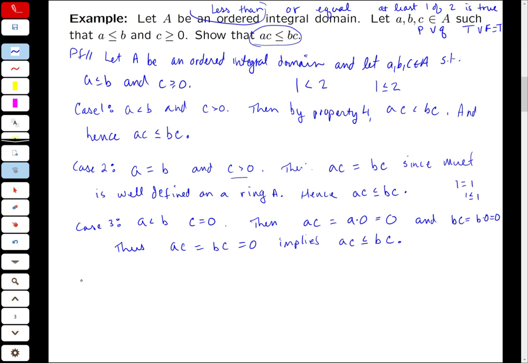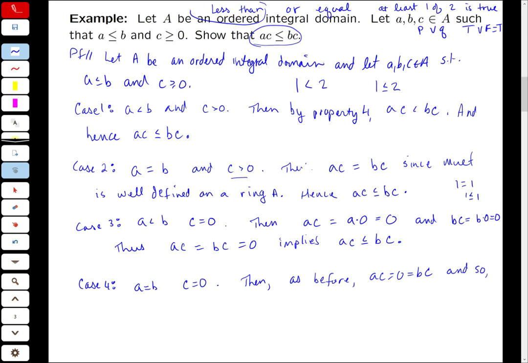And then for the last case, we have A equals B and C equals 0. Then, as before, let's put the comma next to the then. I know that AC is equal to 0 is equal to BC.